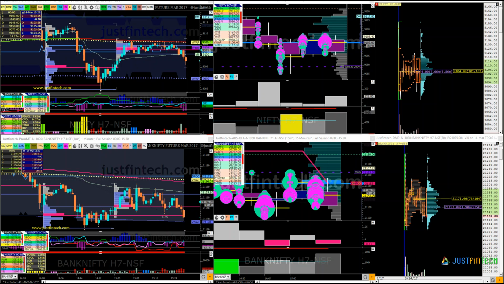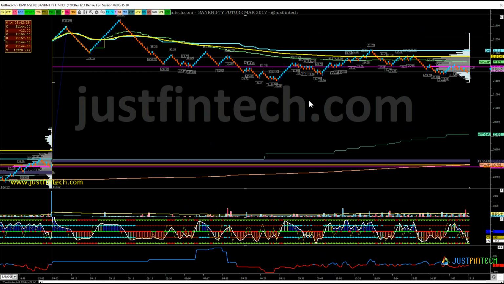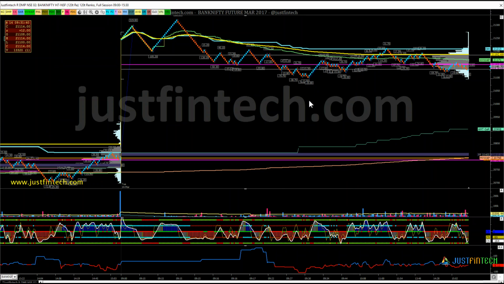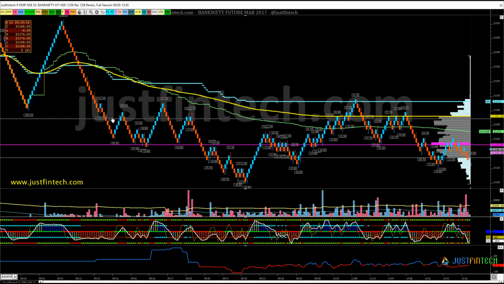Now let's have a look at the Renko. So the opening swing is huge, obviously not tradable, and then post 9:16 we get the zipper pullback.